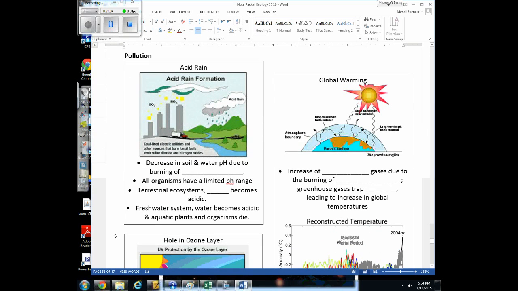So now let's look at the different types of pollution. We're going to focus on acid rain, global warming, the hole in the ozone layer, biological magnification, and eutrophication. We've already talked about eutrophication. With acid rain and global warming, both of those are due to the burning of fossil fuels.